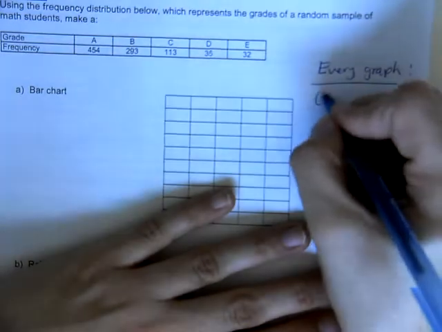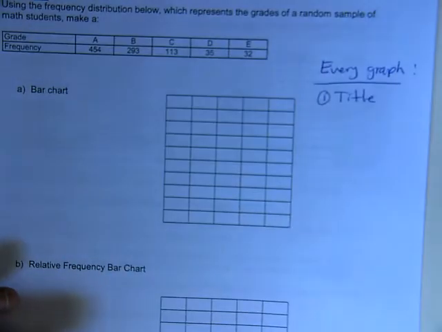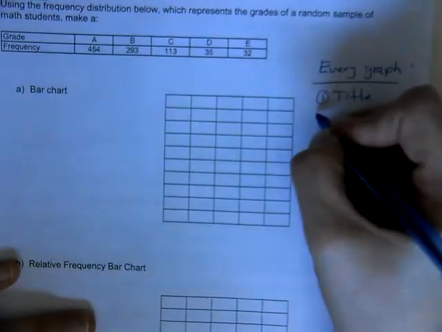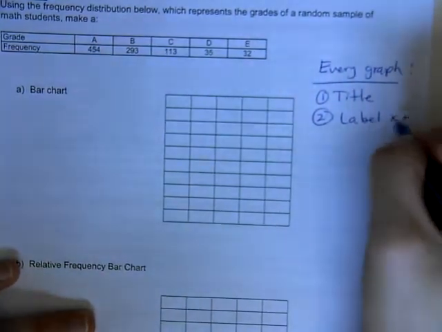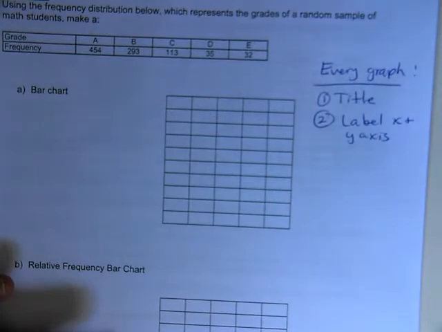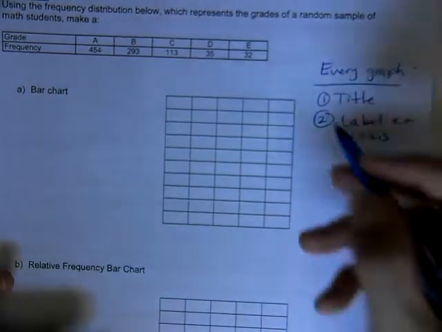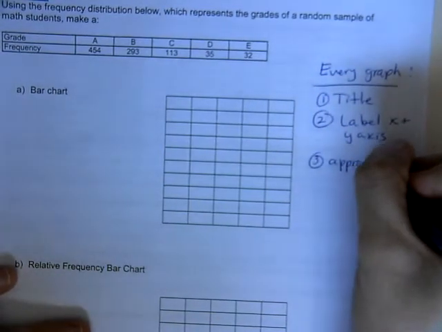First of all, you need to have a title, because in this class, context is always very, very important. So you need to have a title. Then you need to label the X and Y axes. Okay, again, context. Now, if you're just doing univariate, you may just have to label the x-axis, but you do need to label both.